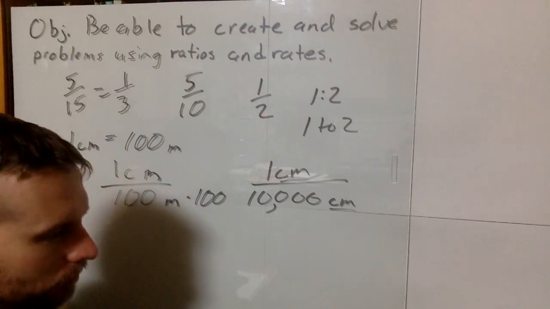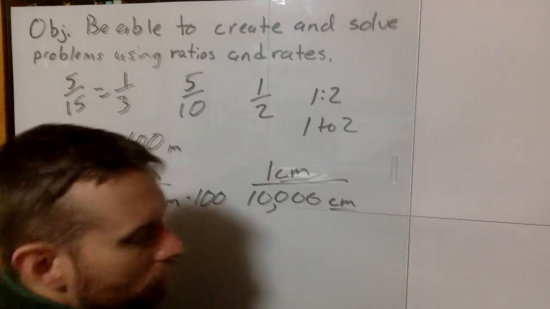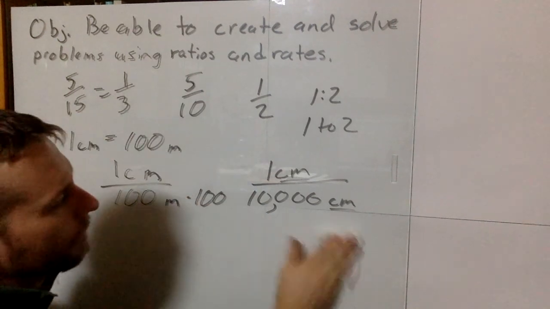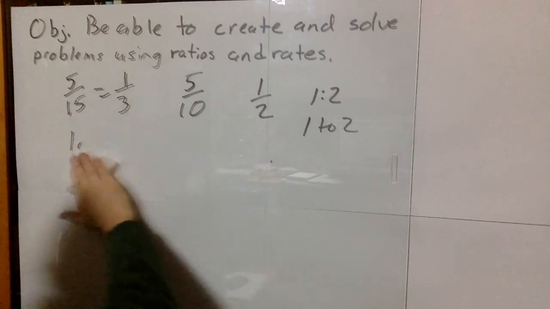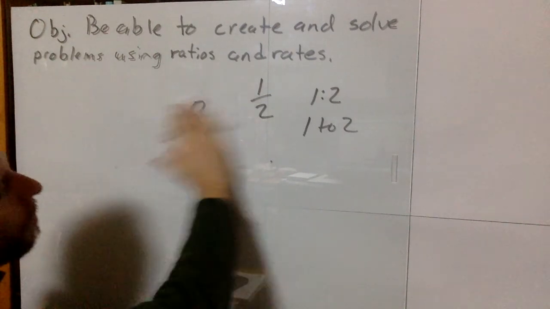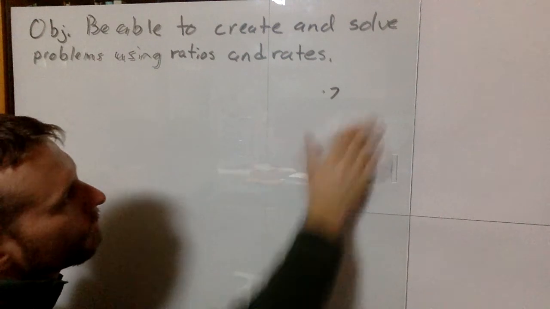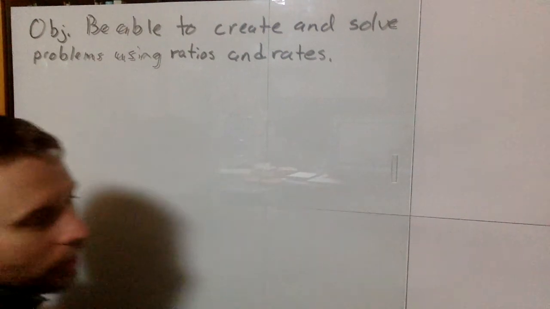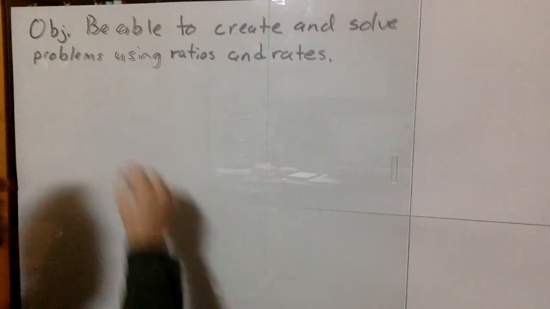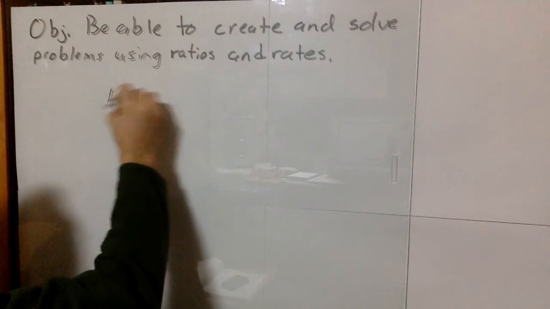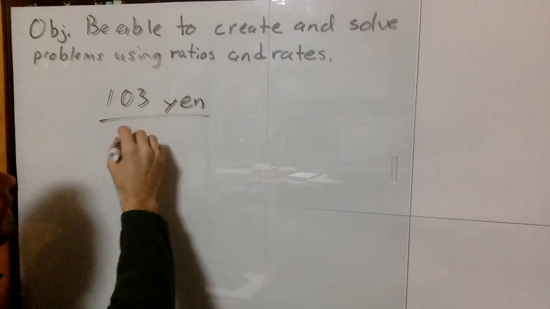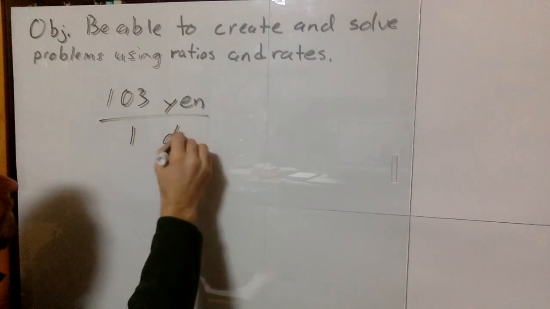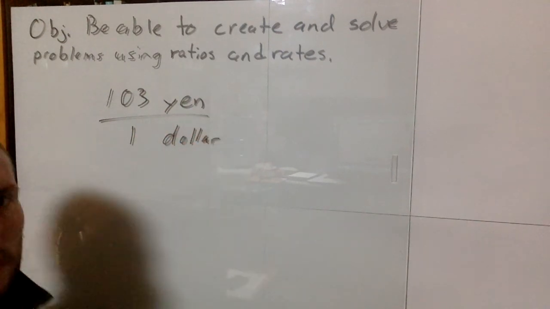So let's talk about some that are rates. Close to home, oftentimes in the news, or when you go to the store, you might hear about the yen rate. Sometimes the yen rate is, let's say, 103 yen to 1 US dollar.